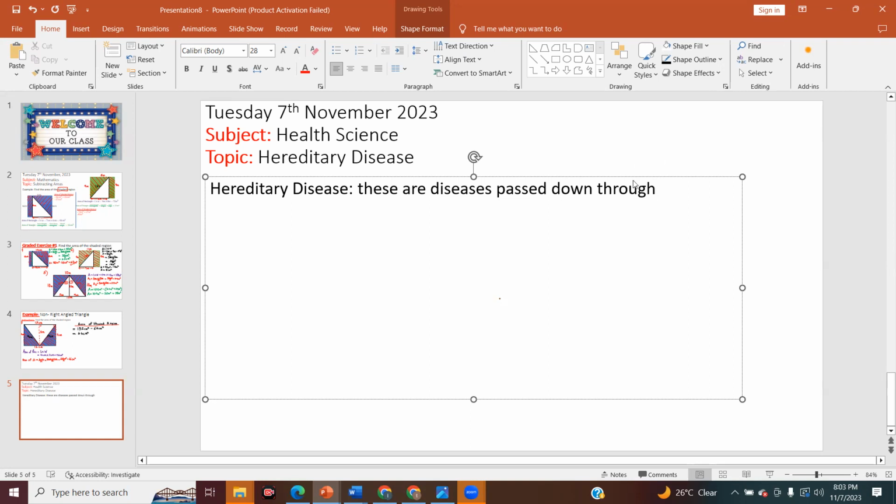Your DNA, someone said it. The DNA or your genes. All right, from the parents. So hereditary diseases are diseases passed down through the genes from the parents, right?